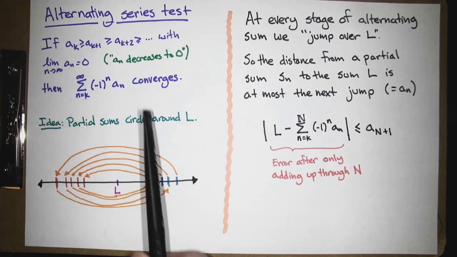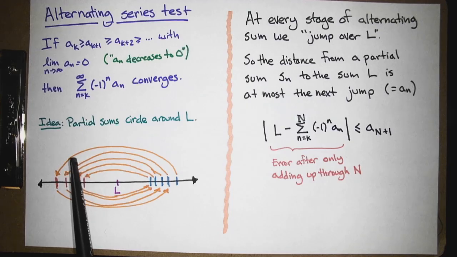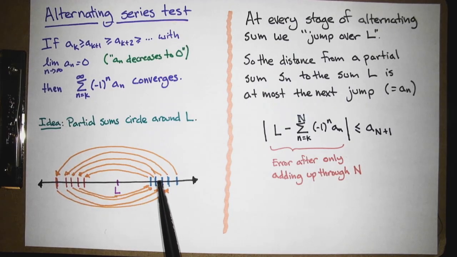Now, because the terms are decreasing, how much I move to the left is going to be less than how much I move back to the right. What does that tell us? It tells us that we're going to be drifting downward if I take every other term. From the right side, I take 2 steps, I'm a little bit lower. Take 2 steps again, I'm a little bit lower.